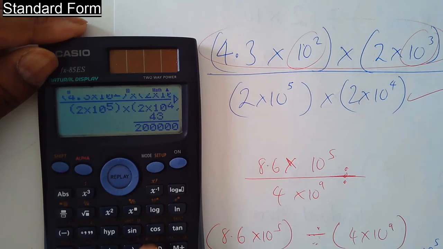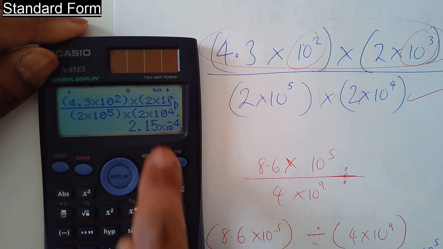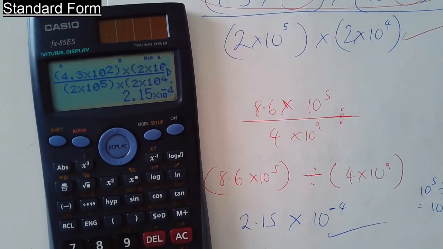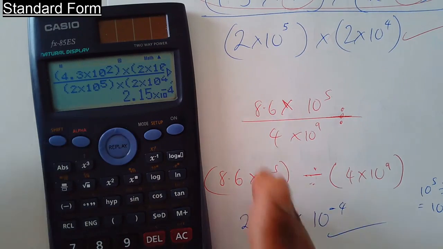Press the SD button. 2.15 times 10 to the power minus 4. It's what I had when I calculated it without a calculator.